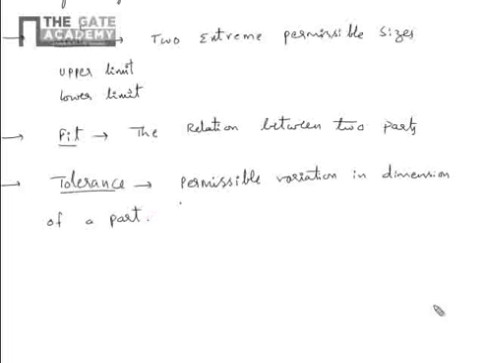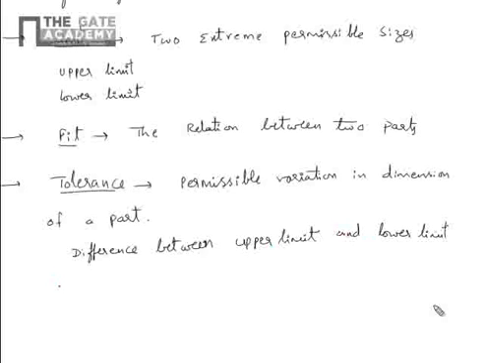Tolerance is measured as the difference between the upper limit and lower limit of a component. If you want to find the tolerance of a bolt, you have to calculate the difference between the upper limit and lower limit.